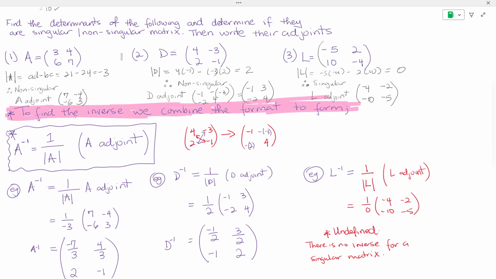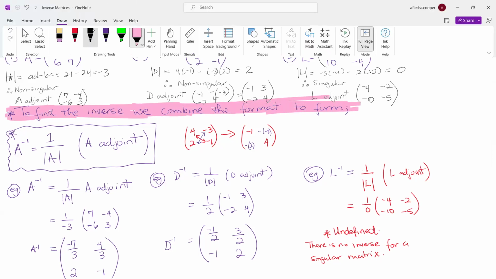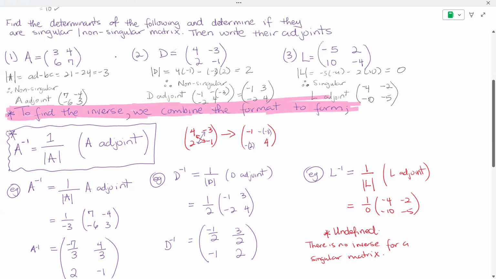No questions, right? So, to find the inverse, we combine the formats above to form this. A inverse, A to the power of -1, which is just inverse, is equal to 1 over the determinant multiplied by the adjoint.